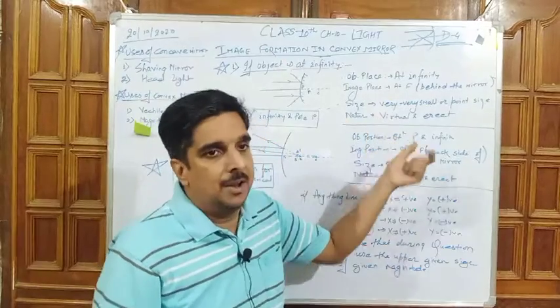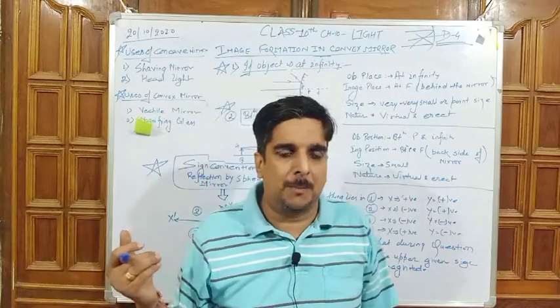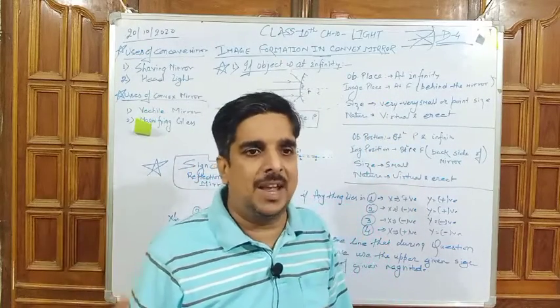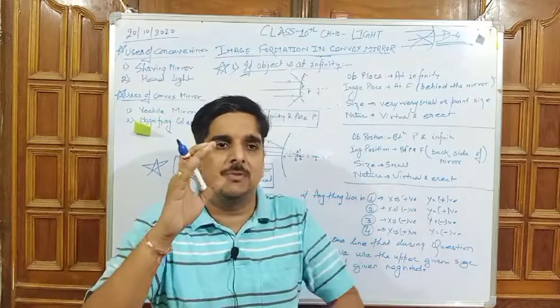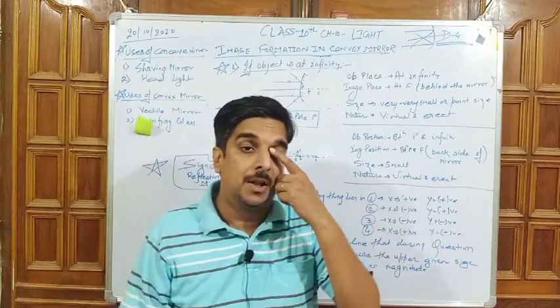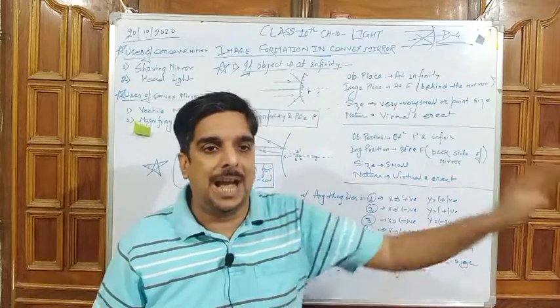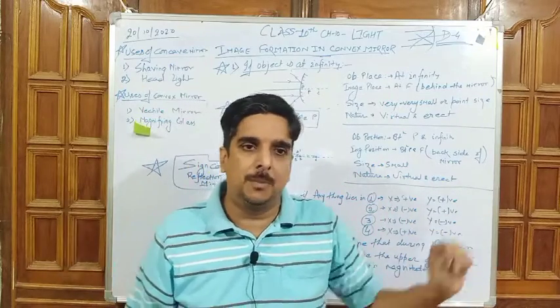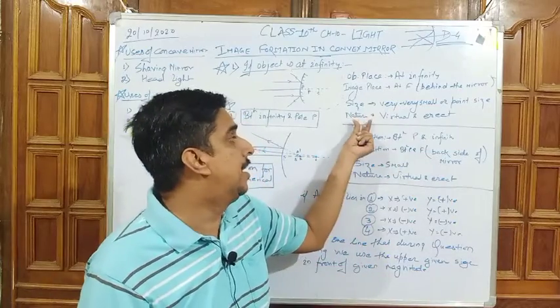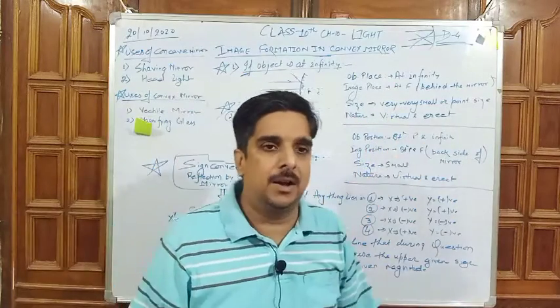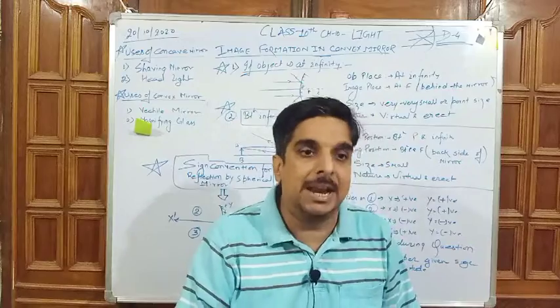And nature, definitely from the past classes also, I am continuously saying that if any image formation takes place in front of the mirror, the nature will be real, and if any image forms behind the surface of the mirror, it will be known as virtual. So here nature will be virtual and erect.